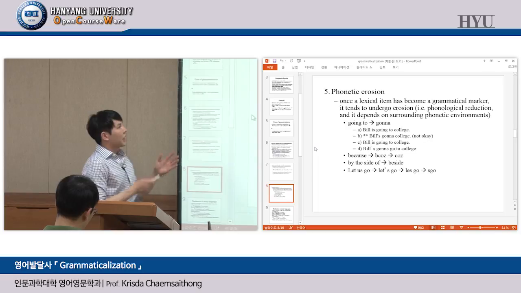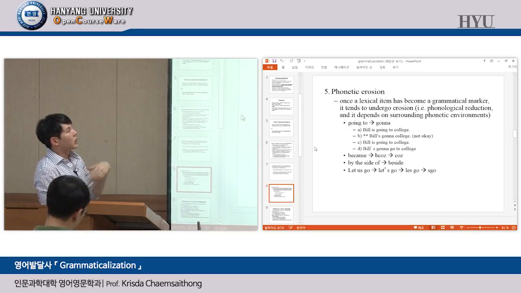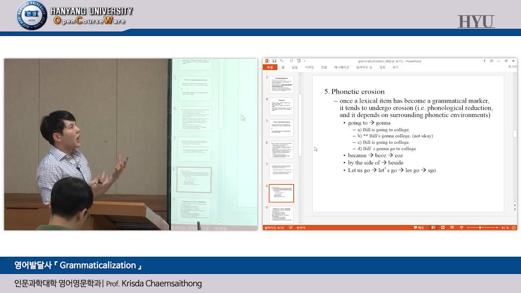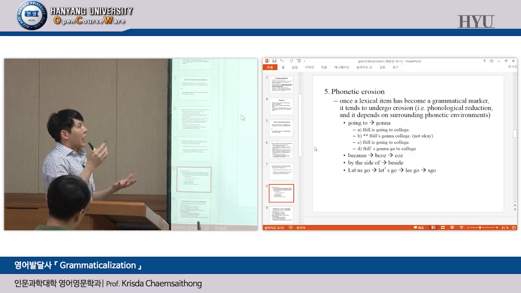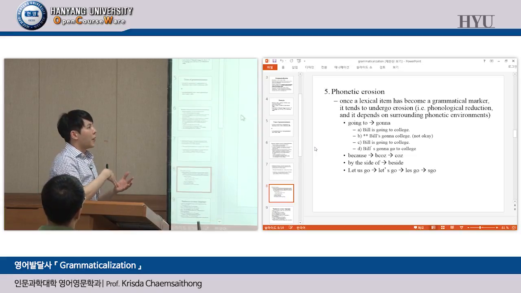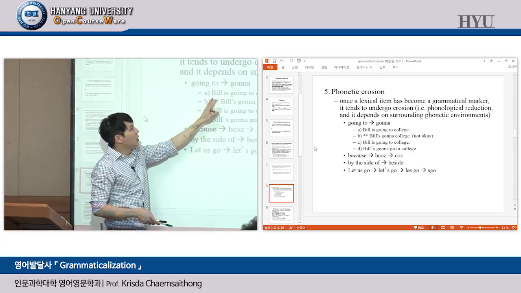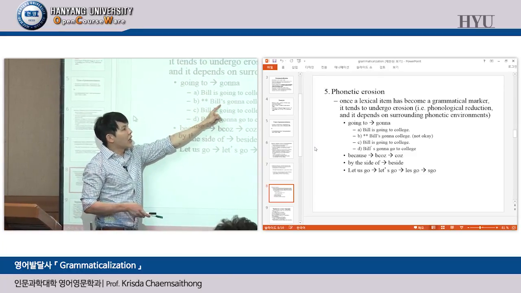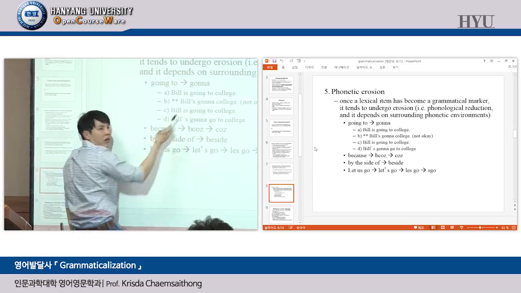And finally, the last thing that happens is phonetic erosion. So it has to do with the sound, right? When it becomes a grammaticalized item, when it becomes a grammatical marker, the sound is no longer important. So you will see phonetic erosion or phonetic reduction in most cases. So from going to to gonna, right? Bill is going to college. Bill is gonna college is not okay, because Bill is going to college here is not a grammatical item.